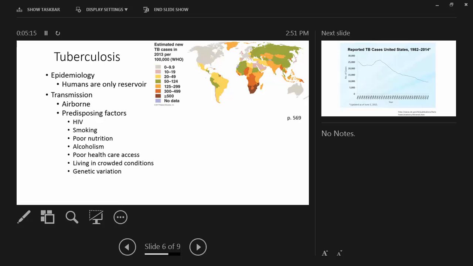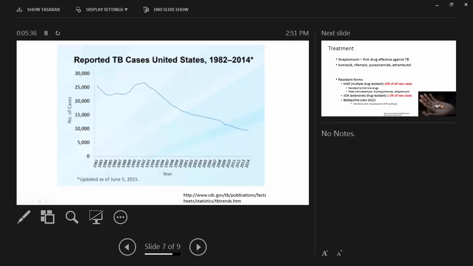All right, let's look at the epidemiology here of tuberculosis. If you think about TB, you probably think, well, that's something that we have other places and we don't have in the United States. And actually, the incidence is quite low in the United States. If you look here at our next figure, in the U.S., we're hitting around 10,000 cases a year right now.